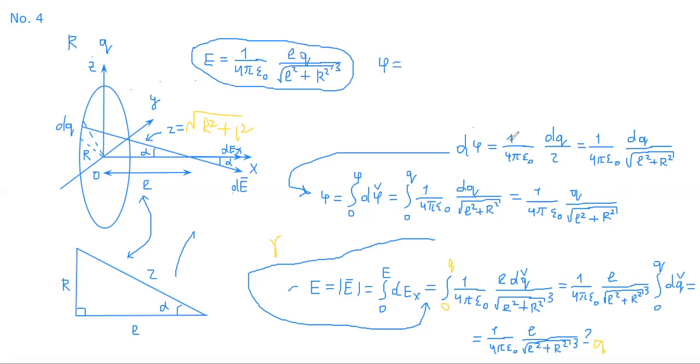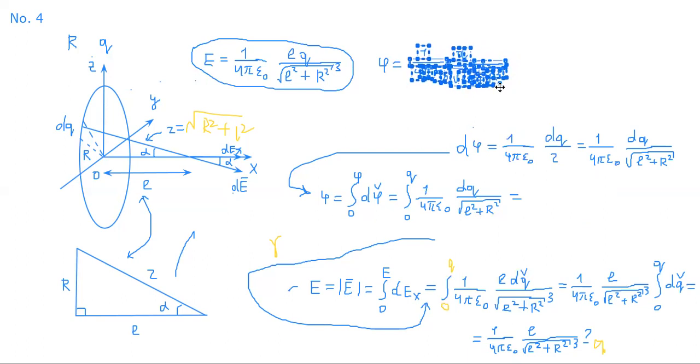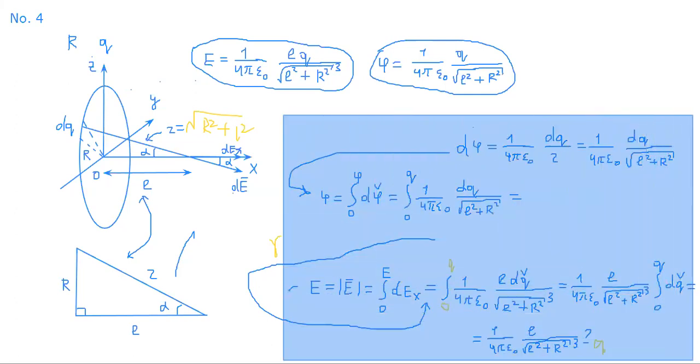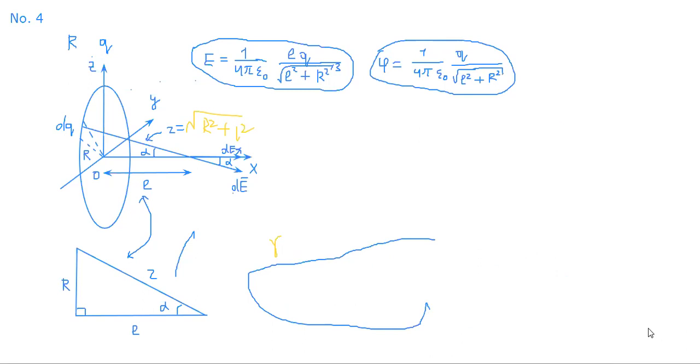Potential is equal to 1 divided by 4π epsilon 0, and so we have solved the first part of the exercise.